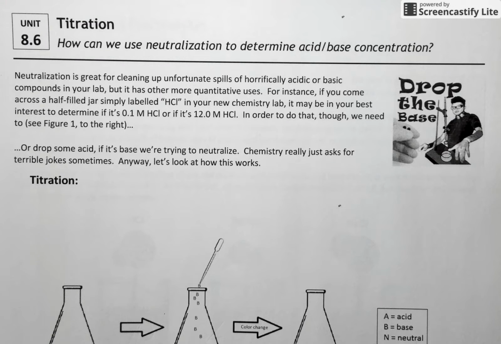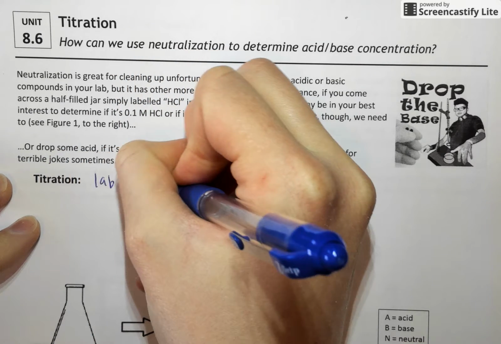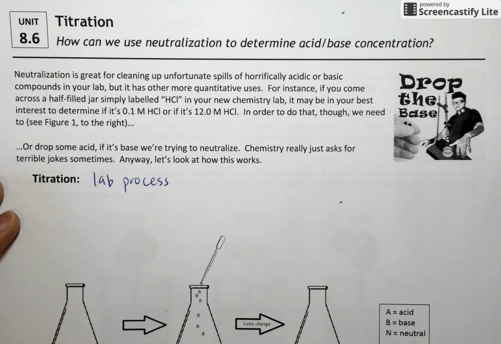You don't know. The process of titration is going to allow you to figure out what the concentration of an unknown acid or base is by using a known concentration of its opposite. So if you have to write a succinct definition, titration is a lab process, and it's going to take advantage of neutralization reactions, knowing that combining an acid and a base creates water and an ionic salt.